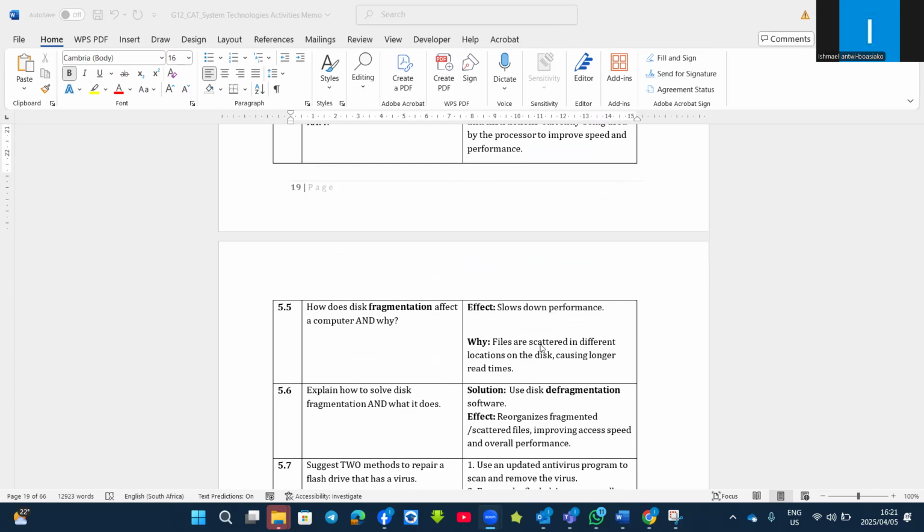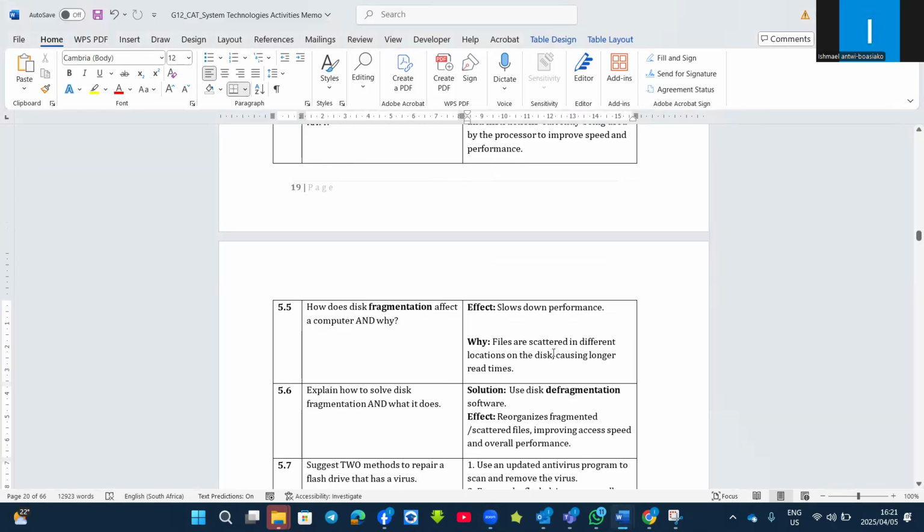When the files are scattered on the disk, we say they are fragmented. By disk here, we mean the hard drive, so the disk we are referring to is HDD or SSD. When the files are scattered on the disk, they make the computer slow. And that is what we call fragmentation.